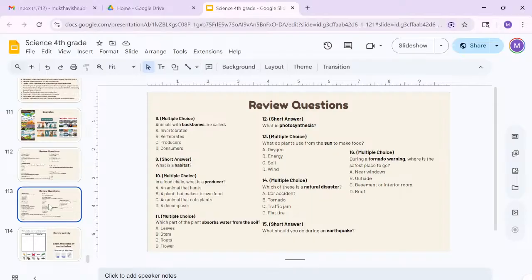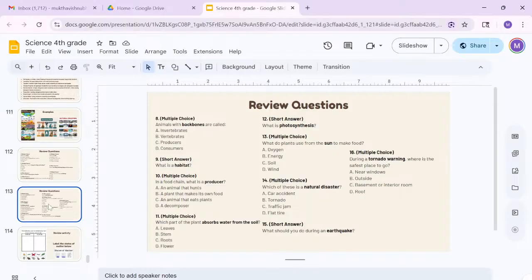A plant that makes its own food. Which part of the plant absorbs water from the soil? Roots. What is photosynthesis? The process plants use to make food using sunlight, water, and carbon dioxide. The food comes in the form of glucose or sugar.